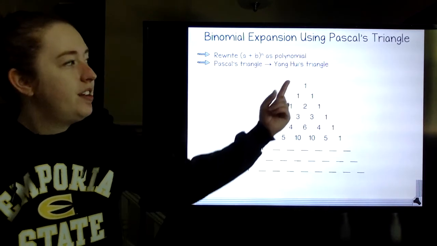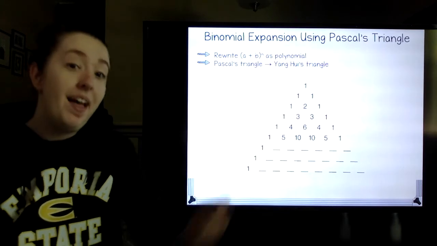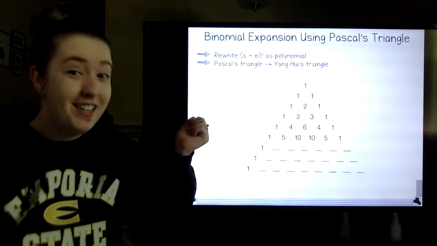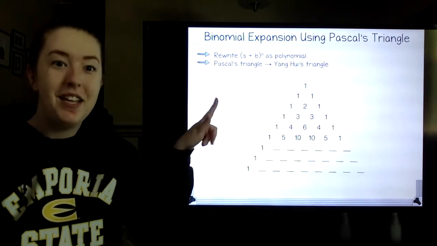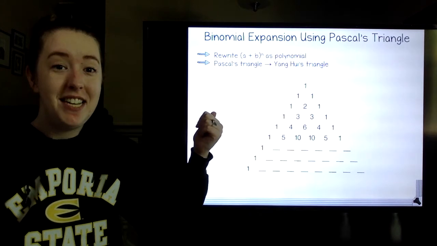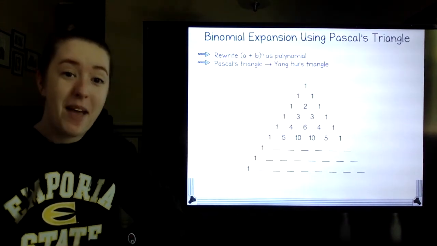But there's also a mathematician named Yang Hui, who about 300 years before Pascal was using Pascal's triangle. And he had actually gotten the idea from another Chinese mathematician.